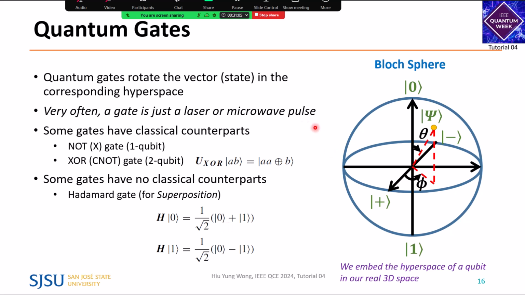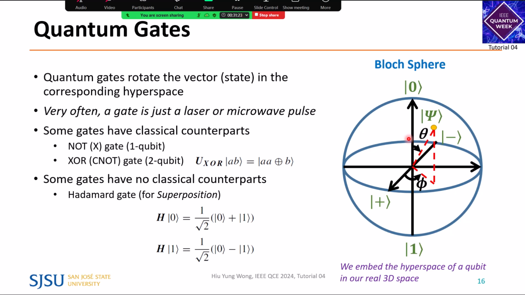So people like to use the Bloch sphere, which is a pretty elegant representation of the states of the qubit, right? Each point on this Bloch sphere represents a state.